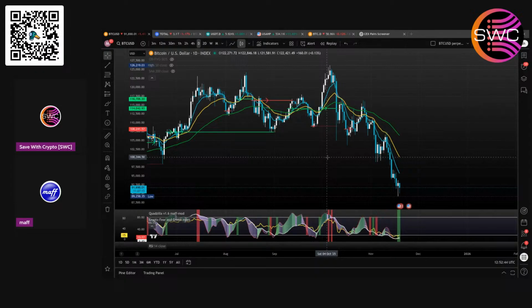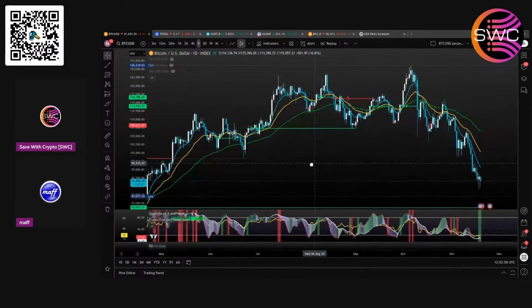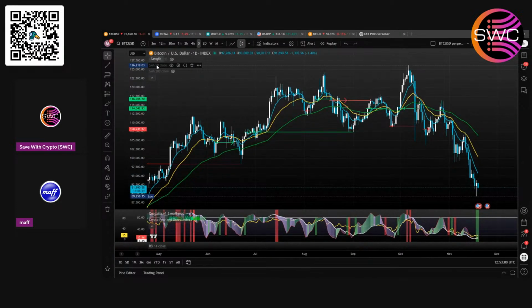So yeah, overall though, as Count Duckegg was saying, it does come down to technicals like the 50 EMA and so on. Actually, I've got the SMA on there.